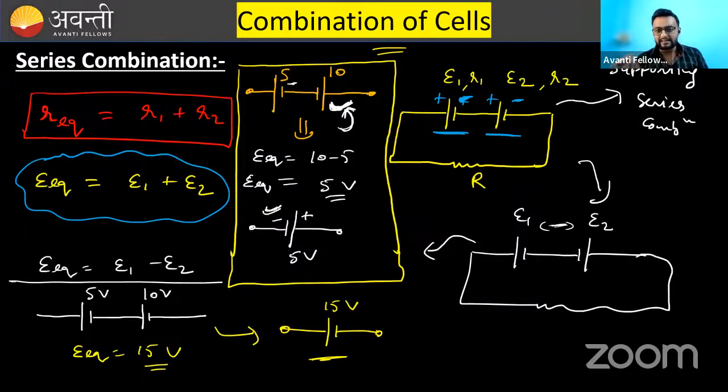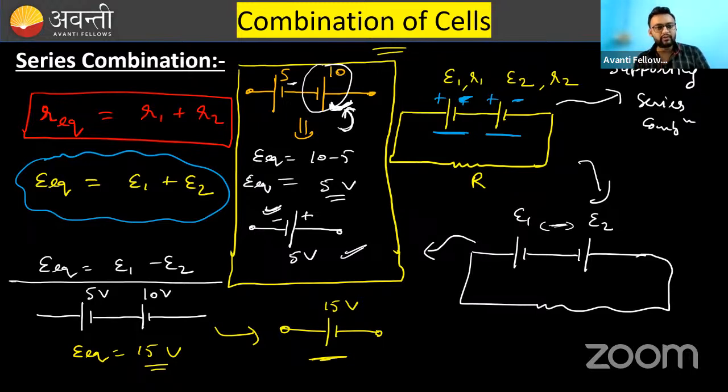So try to do what I'm trying to say. Just follow the polarity of the larger cell in your equivalent circuit. Is this thing clear? -5 is also correct. There is no problem with that.